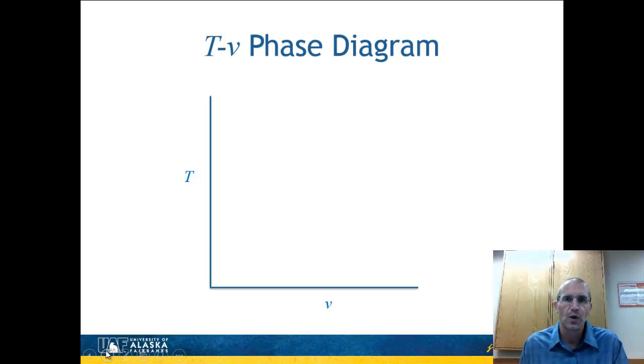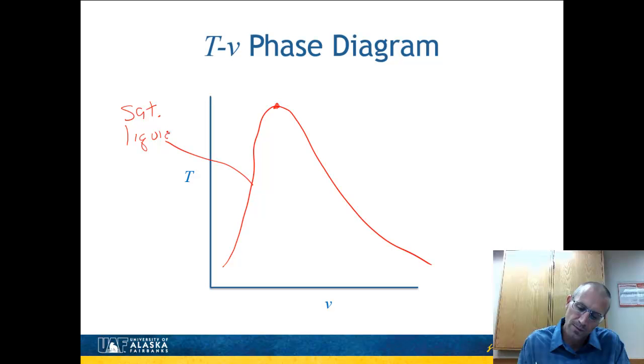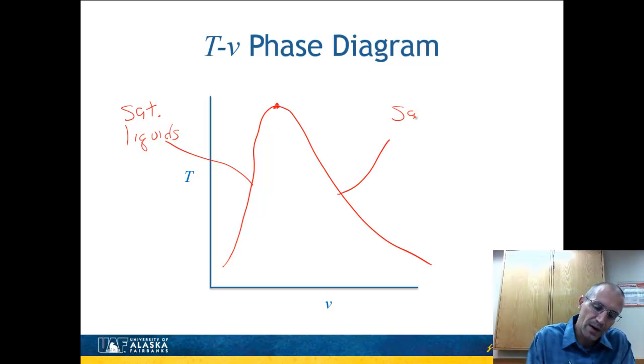In the previous module, we drew a TV phase diagram, and it looks sort of like a hill that way. A couple points to remember. Right up at the very top, that was the critical point. This over on the left-hand side represented saturated liquids. The line over on the right was saturated vapors or gases.